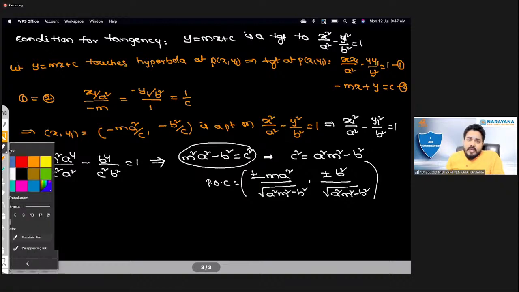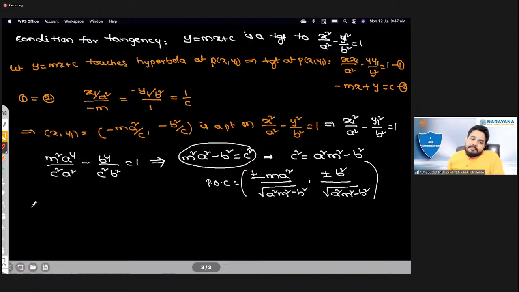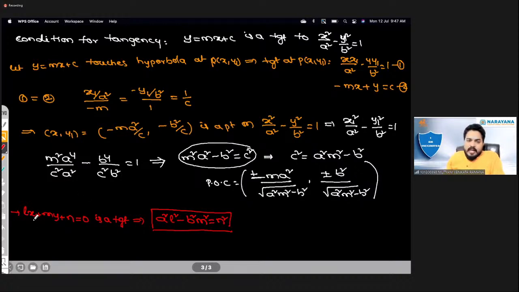Now here only you write, if the line lx plus my plus n is equal to 0 is a tangent, then what happens? a square l square minus b square m square is equal to n square. How do you get this one? This equation 1 and this one you compare.